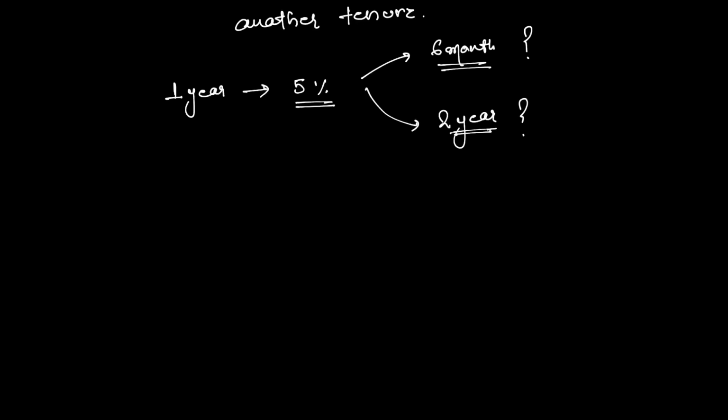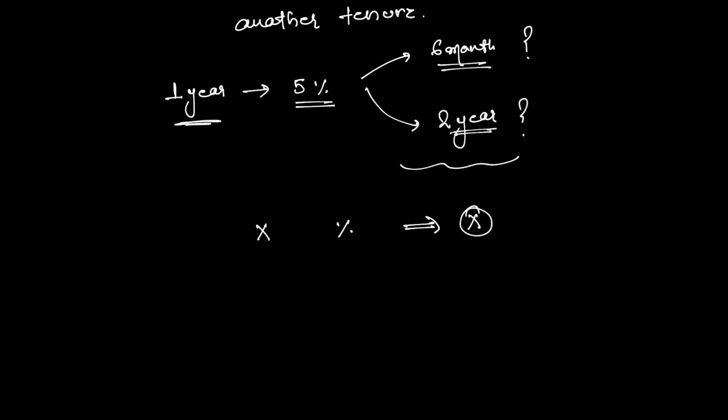If you have to convert the effective interest rate of one tenure to another tenure, one period to another period, you will always play with power. Multiplication or division are not allowed. They are restricted.